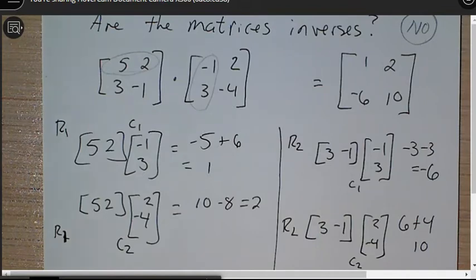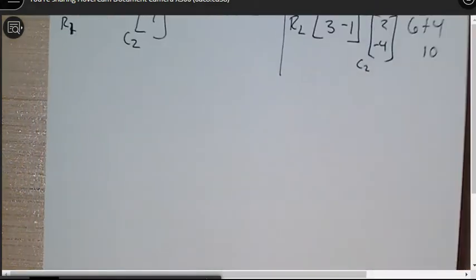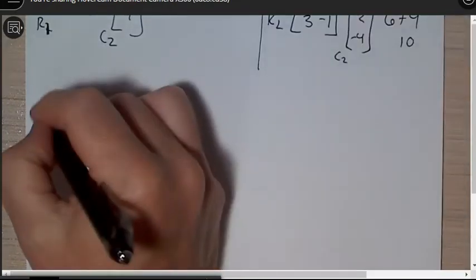All right, let's give you one more that's a little bit bigger matrix. We'll give it a 3 by 3 to kind of see what that would look like. So that's example 1, and this would be example 2.